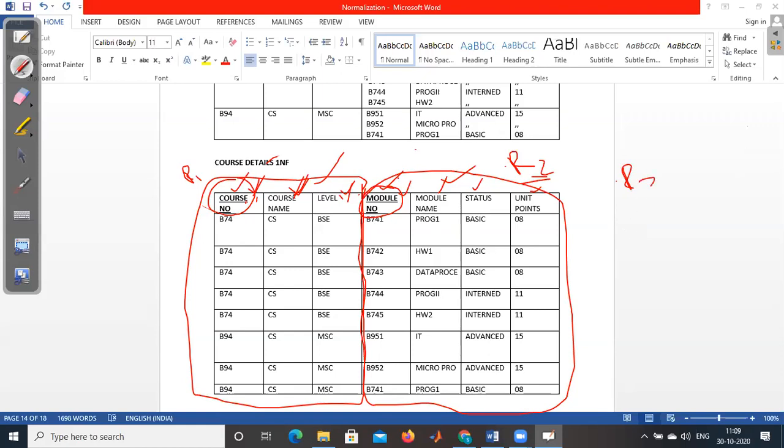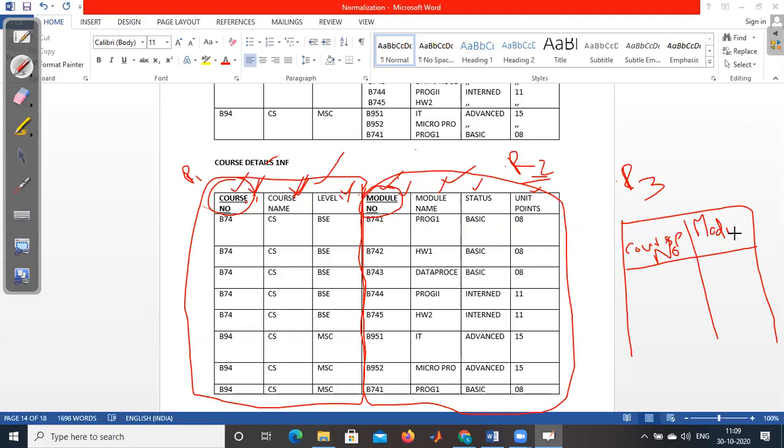Relation R3 with attributes course number and module number.